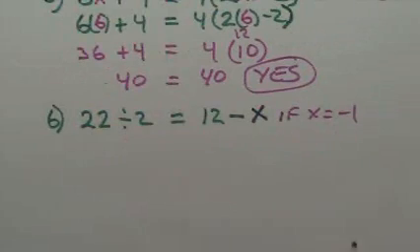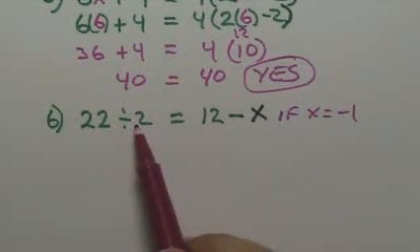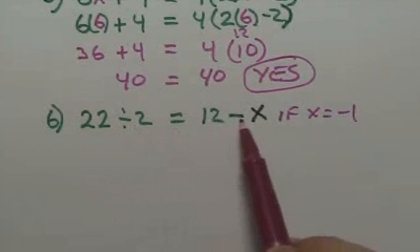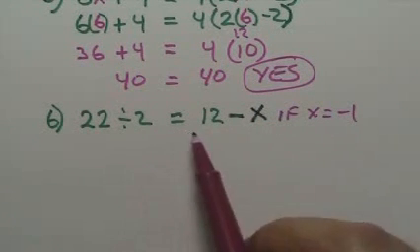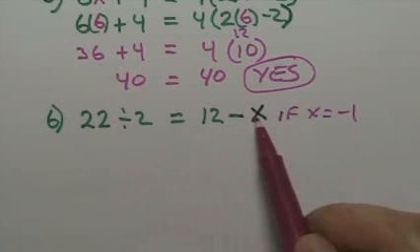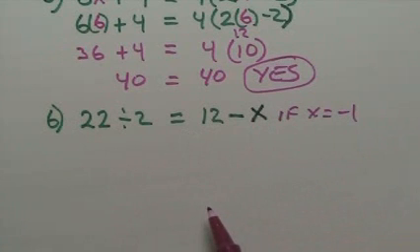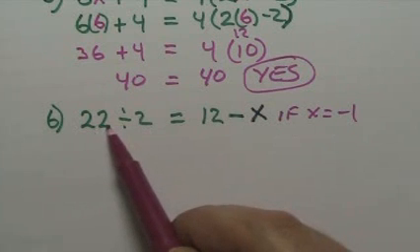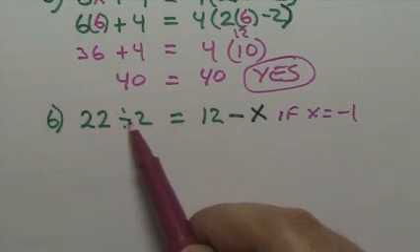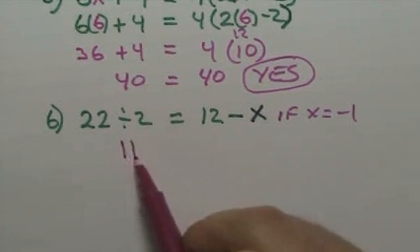Last example. 22 divided by 2 equals 12 minus x. So, we want to know if x equals negative 1, will this work? Well, we know 22 divided by 2, half of 22. Divide by 2 means half. That's 11.